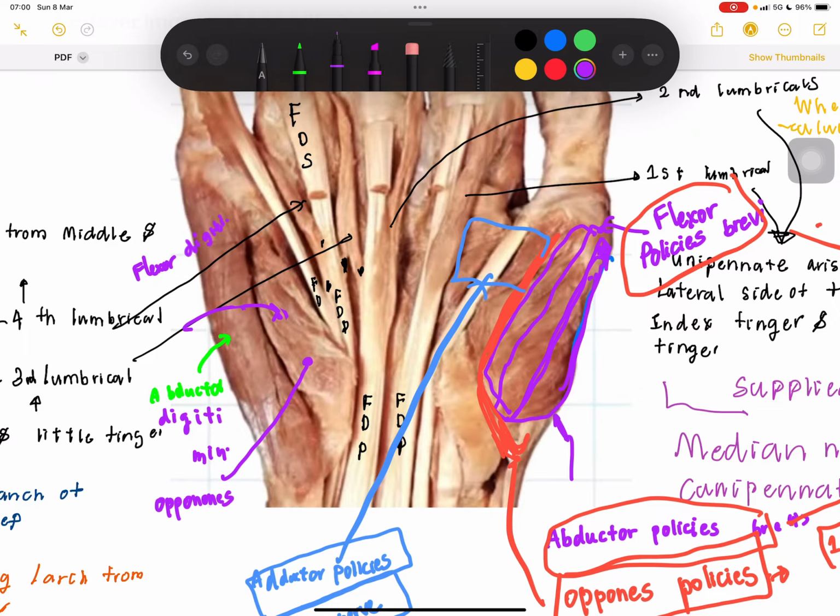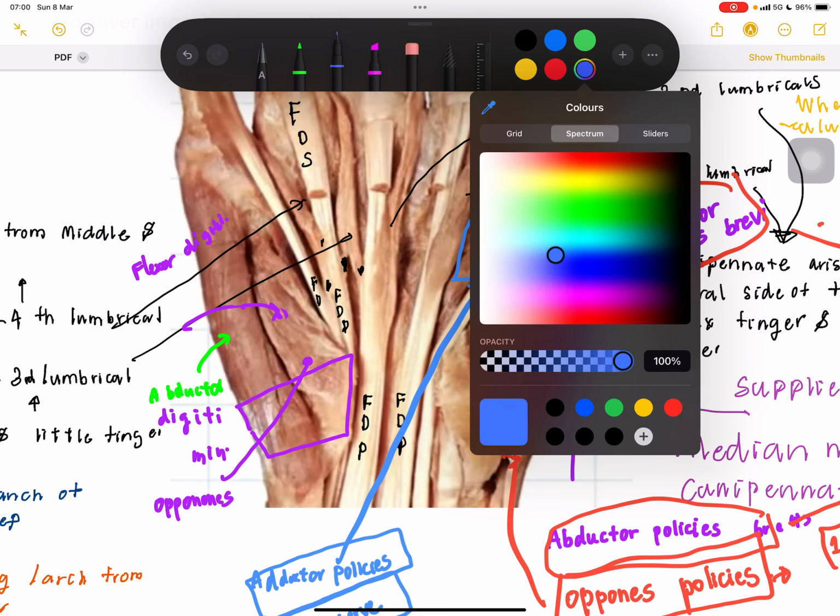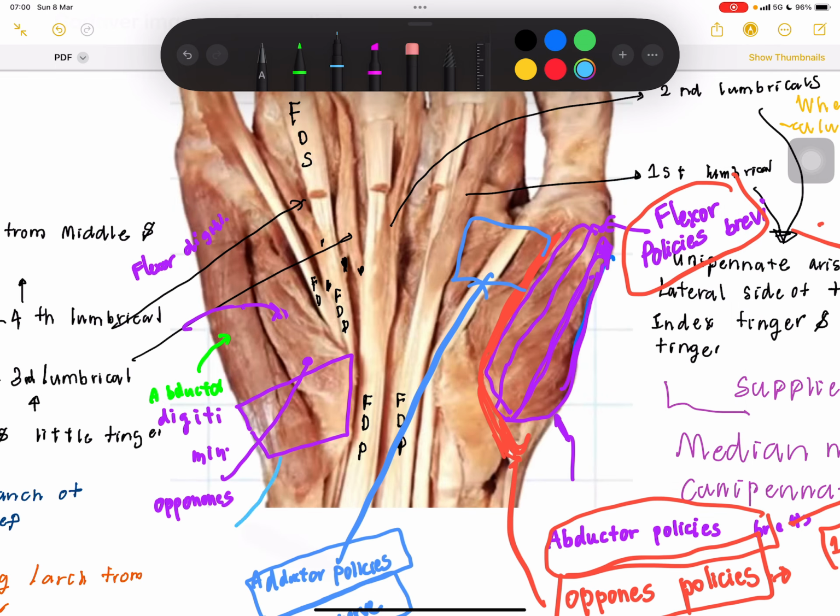And then we have the palmaris brevis. This palmaris brevis muscle is superficial, so it is actually removed here.